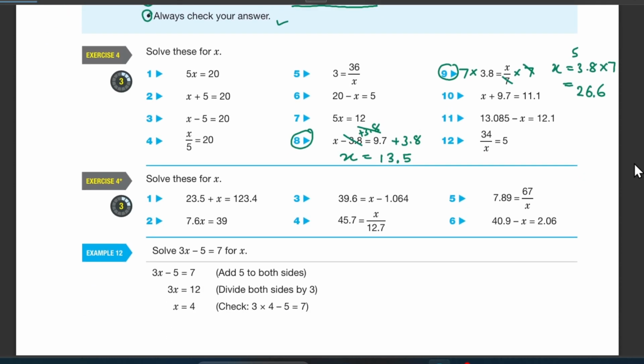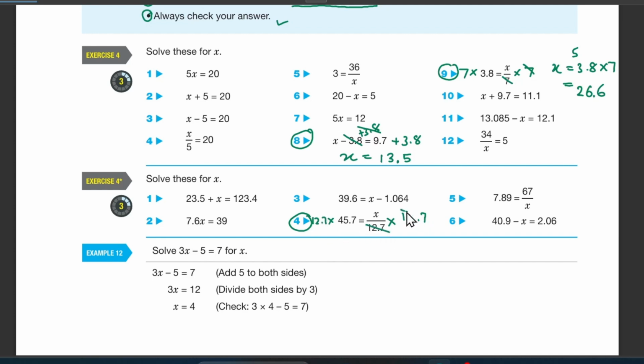And I'll do this one, the fourth one also. You have to get rid of this 12.7. So to get rid of that, I have to multiply both sides by 12.7.